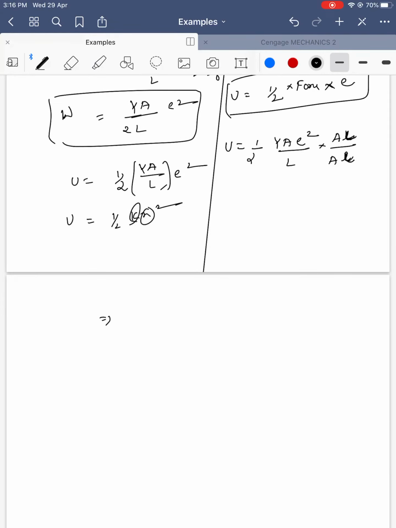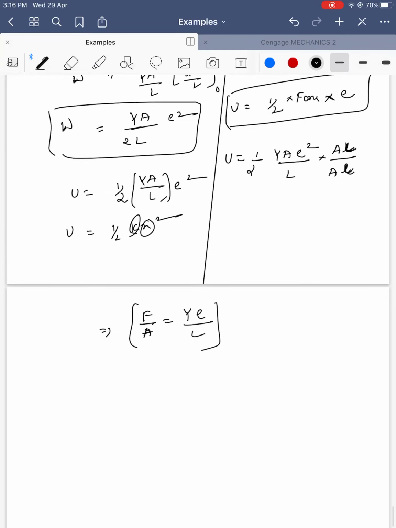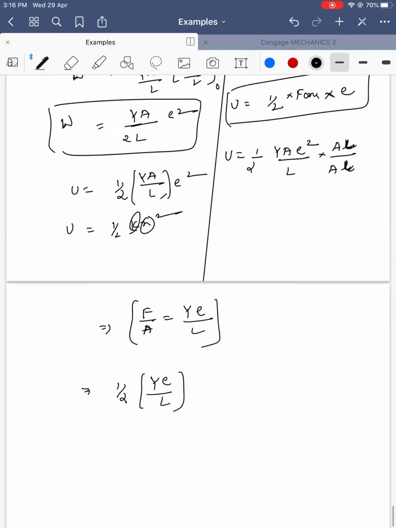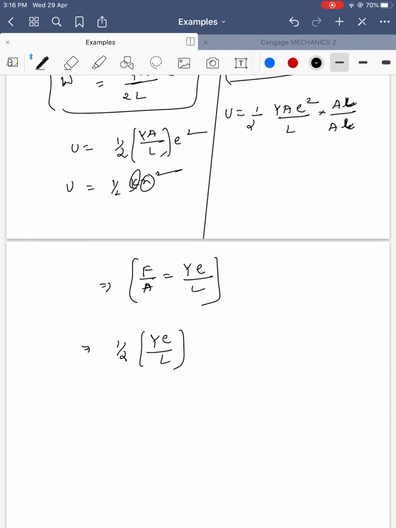So let's write clearly. What is the F by A formula? Stress is nothing but Ye by L. Let's write this half Ye by L, Ye by L. Simplifying this part, listen carefully.